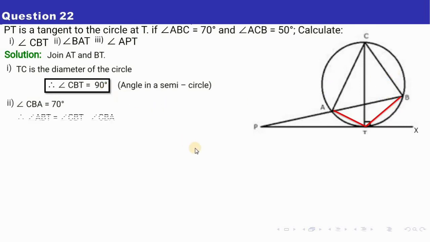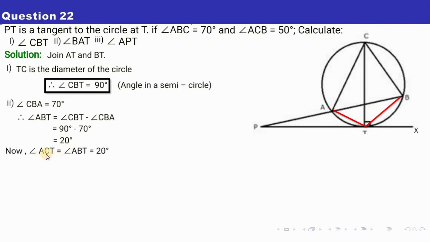Please remember that. So we have ABT, this angle. This will be 90 minus 70, hope you are understanding. This is 90 and this is my 70. So 90 minus 70 gives me this angle, which is 20 degrees. Is that clear?